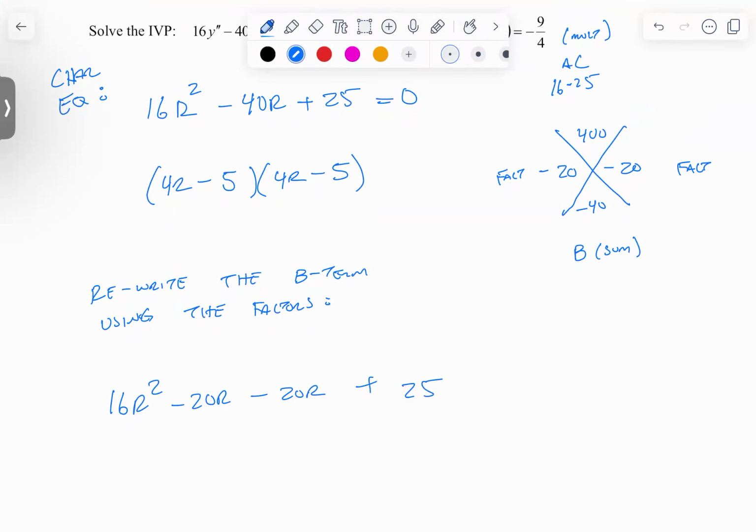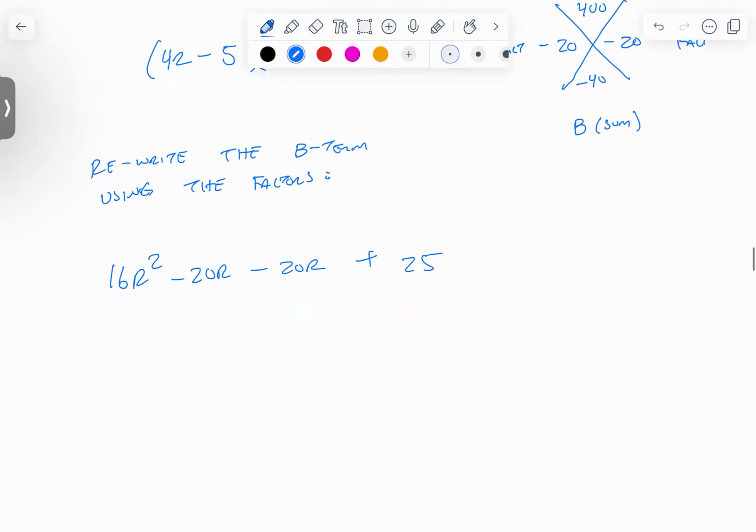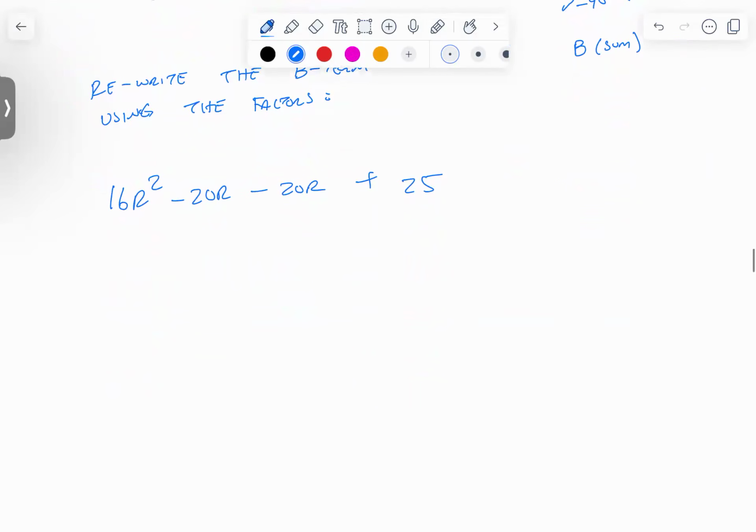It was negative 40r, and basically we're just breaking it up. Negative 40r becomes negative 20r minus 20r. Are these still equivalent? Yeah. Okay. Then, how do you factor 4 terms? Grouping. That's exactly correct. Then you just perform factor by grouping.